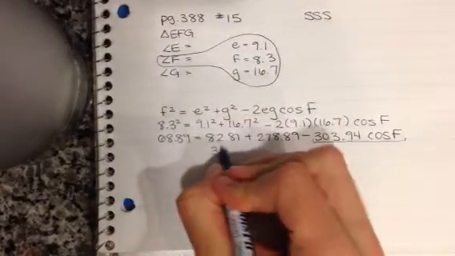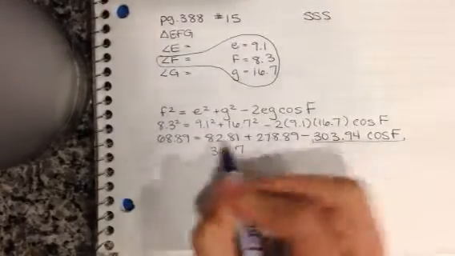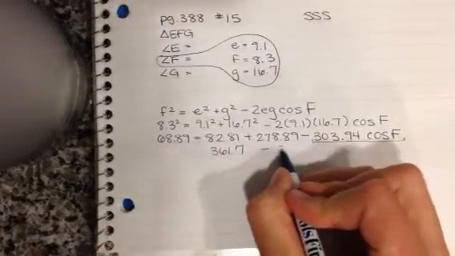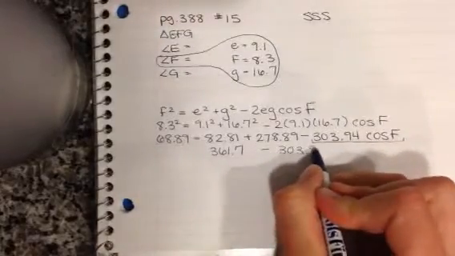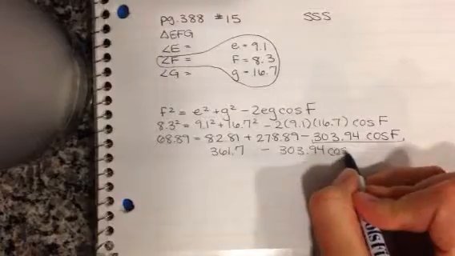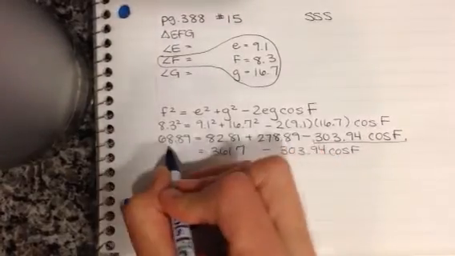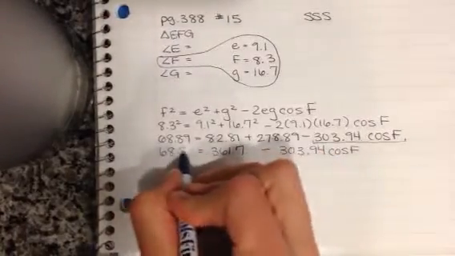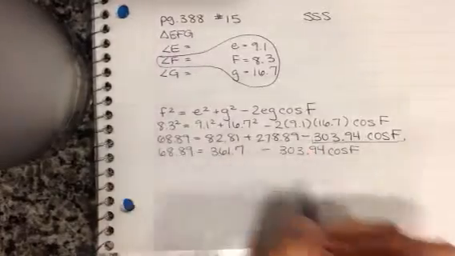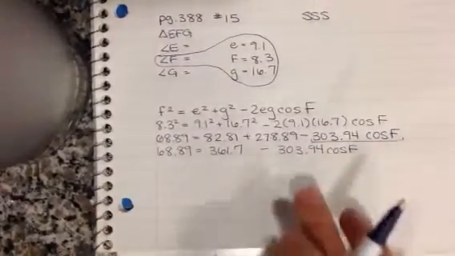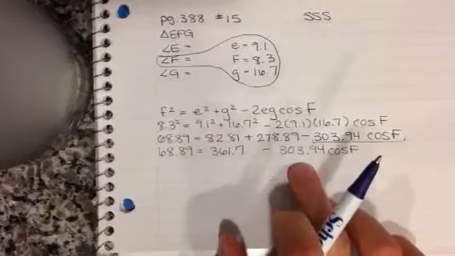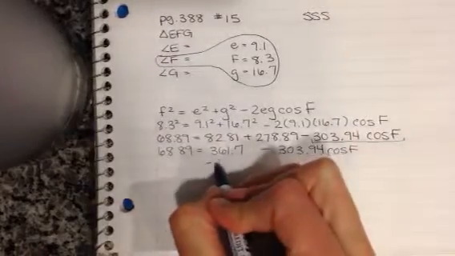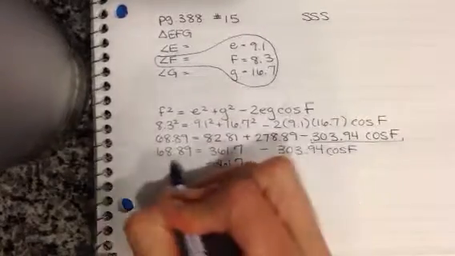That gives me 361.7. That's what these two together is, minus, and then I'll have my 303.94 cosine of f. And this is equal to what's still on this side, 68.89. Okay, I need to get this by itself, so I'm going to subtract 361.7 from both sides.